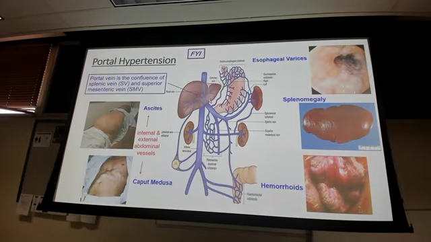This guy right here, pretty nasty. This is because that portal system is having hypertension. Now we're getting this backup of flow, which is causing either ascites or caput medusae, esophageal varices, splenomegaly, or the hemorrhoids. They're very common with this.